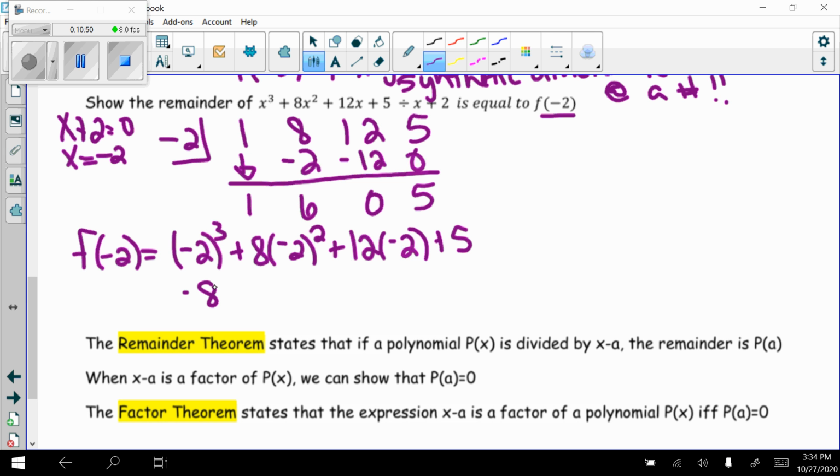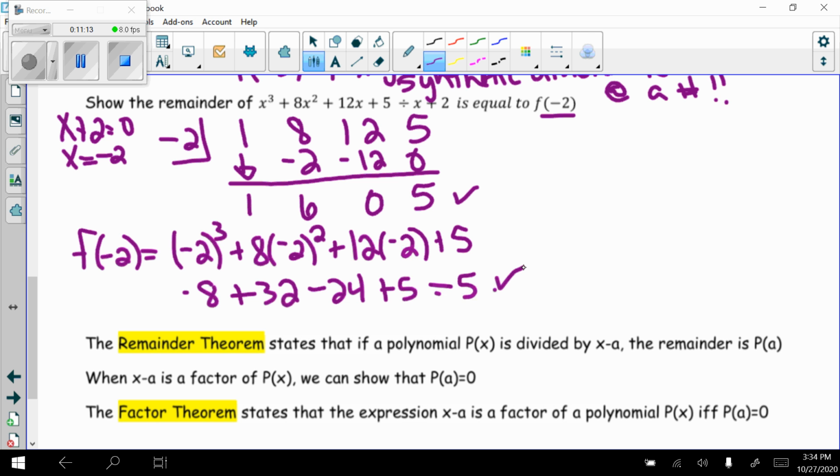Negative 2 squared is 4. 4 times 8, 32. 12 times negative 2, minus 24, plus 5. Combine all of this, work all of this out, and we get 5. So we just showed that using synthetic division, my remainder is the same as using direct substitution.